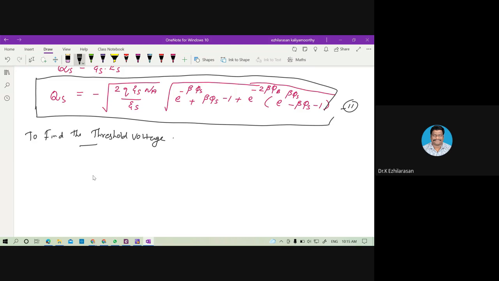As I mentioned, when you apply more and more positive voltage, there is a chance of changing the threshold voltage. Since φ of x tends to infinity, it will be equal to 0.